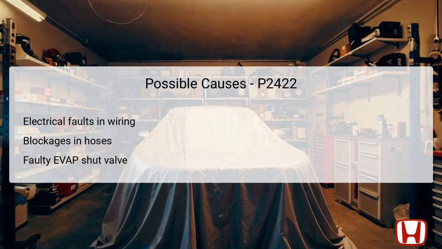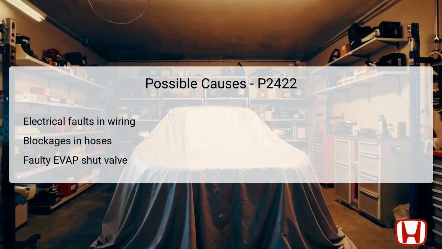Several factors may lead to the triggering of DTC P2422. One common issue can be electrical faults within the wiring, leading to poor connections affecting the functionality of the valve. Additionally, blockages may occur in the hoses connecting the EVAP system components, which can significantly hinder venting. A faulty EVAP canister vent shut valve itself is another potential culprit.